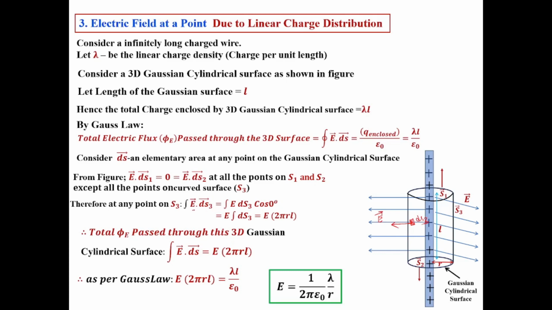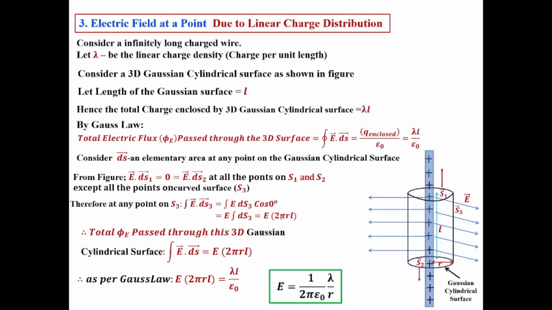So E dot ds3 is E ds3 cos 0 degrees, cos 0 is 1, so E into the integration of ds3.